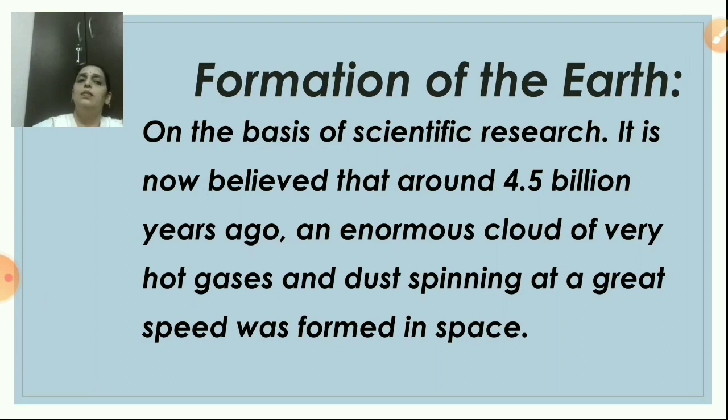So students, around 4.5 billion years ago, an enormous cloud of very hot gas and dust spinning at a great speed was formed in space, and it was believed on the basis of scientific research.